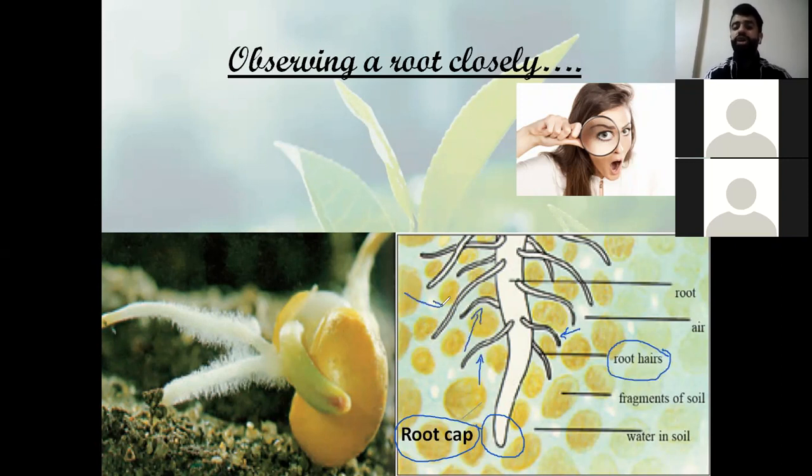So these are the two important parts of the roots. The first is the root cap, at the end of the root, and the second is the root hairs, which have small hairy structures like this. That's why they are called root hairs.